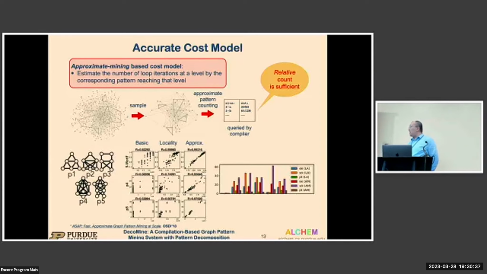But it satisfies our requirement because we only need this table to estimate the performance, as long as the cost is comparable. And this figure shows that our prediction using this method is much more accurate than the previous method. And also the more accurate prediction translated to a performance improvement overall.